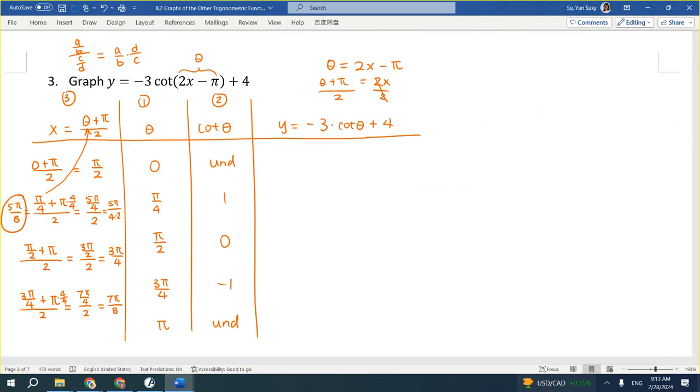Yes, everybody? So finally, we plug in pi into this formula. We get pi plus pi over 2. What is that? Pi, yes. So 2 pi over 2 is pi. Okay, so we get all the x values.